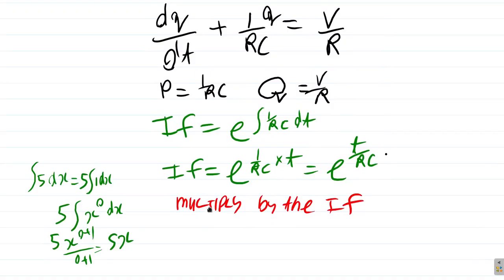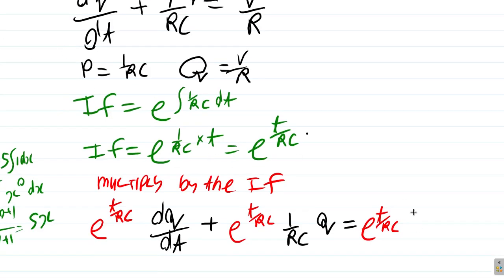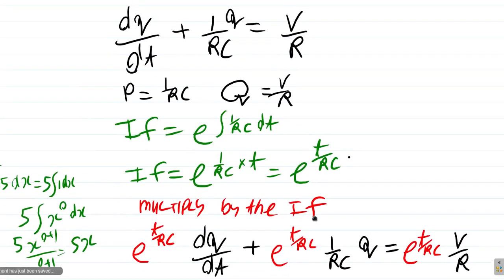Now, what we have then is the integrating factor, in this case e to the t over RC, multiplied by dq by dt, plus e to the t over RC multiplied by 1 over RC times q, is equal to e to the t over RC multiplied by V over R.